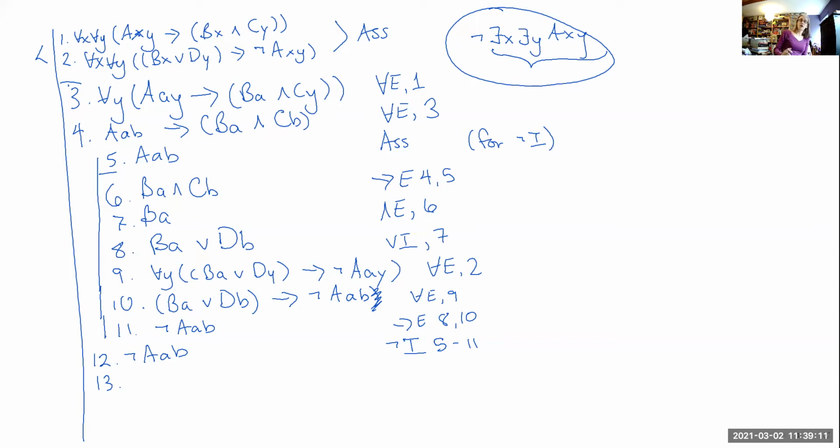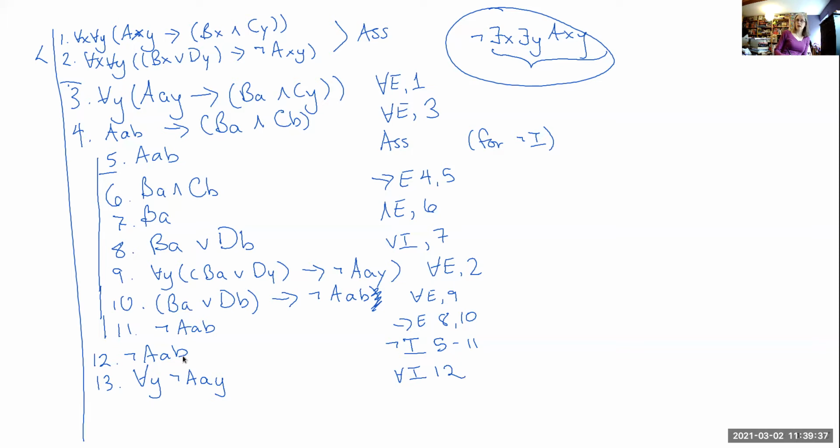So I am in a position where I can do universal introduction, not just existential. So I'm going to put on a for all y quantifier, and then every place where I have B, I'm going to replace it with y. So universal introduction, line 12. What is it that I need to check?